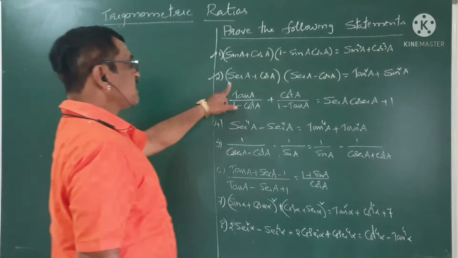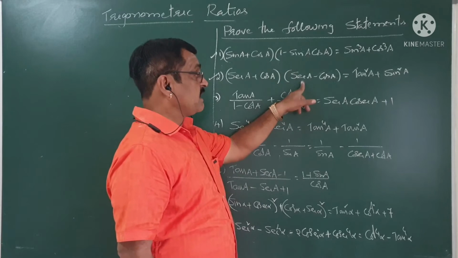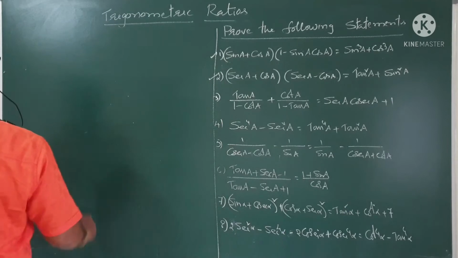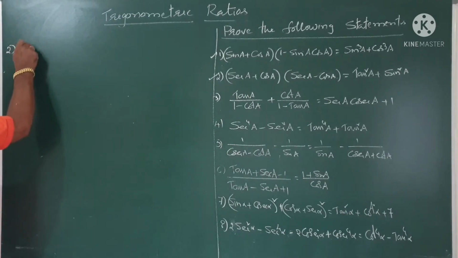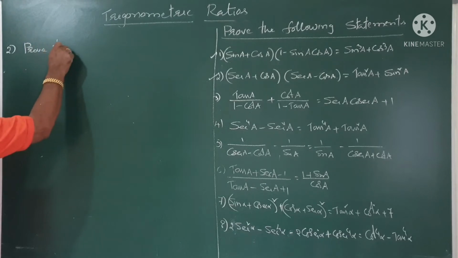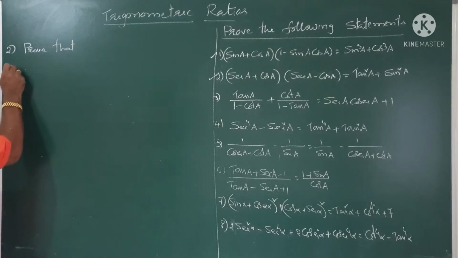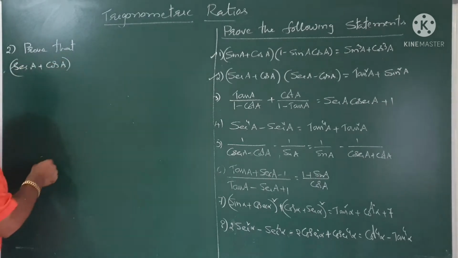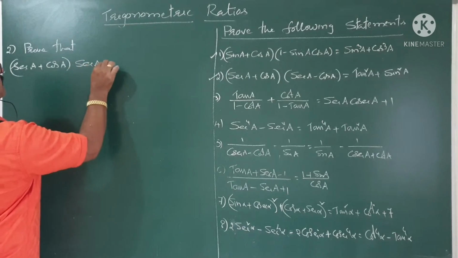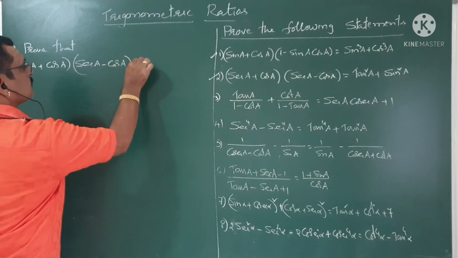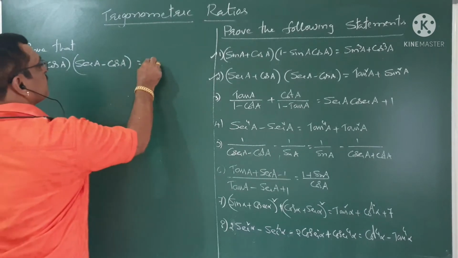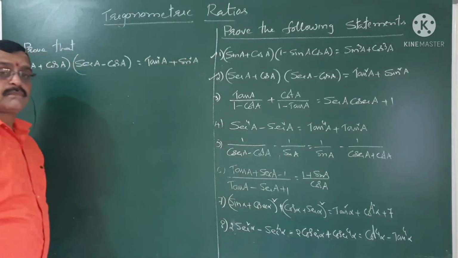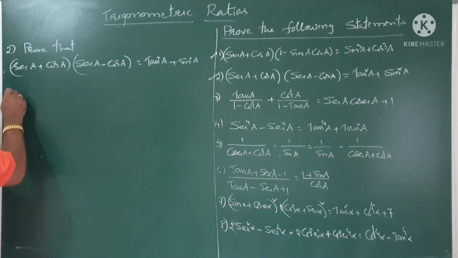Second question. Secant A plus cos A times secant A minus cos A is equal to tan square A plus sin square A. So prove that secant A plus cos A times secant A minus cos A is equal to tan square A plus sin square A. As usual, I'll take the left hand side.